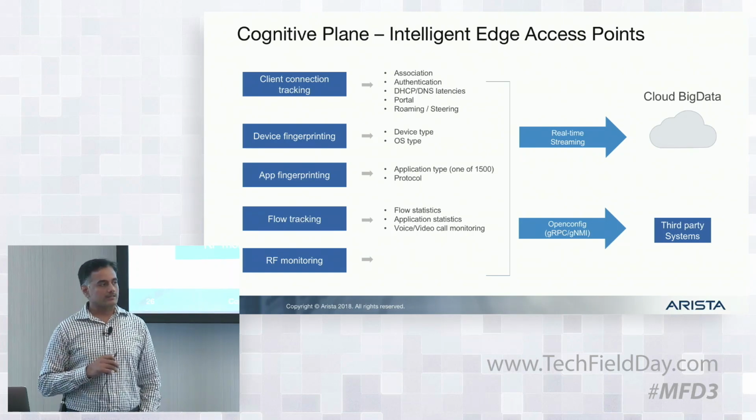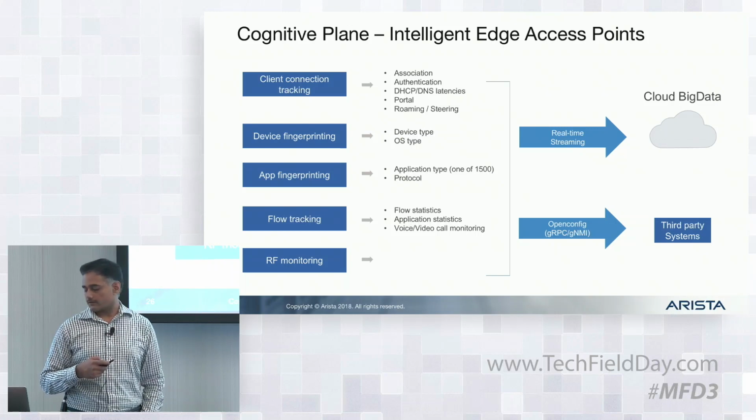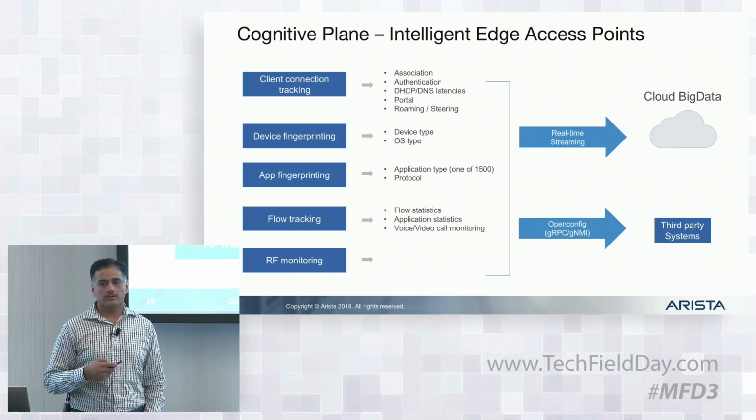All of this data is streamed in real time back to the cloud. And there is also an OpenConfig interface which will be fully available shortly. Using the standard gRPC and gNMI protocols, one can fetch all of this state directly. Any third-party system can fetch this state and build their own applications and their own backend logic based on this data.